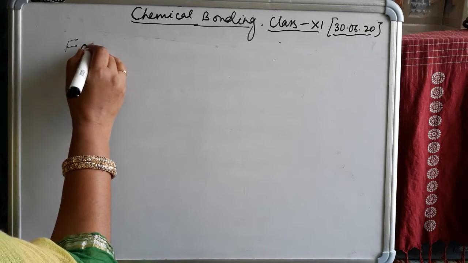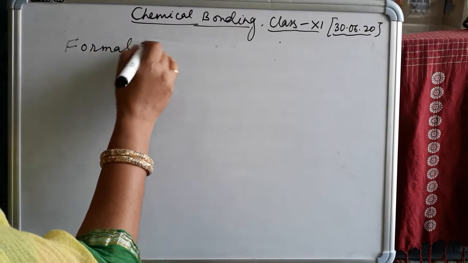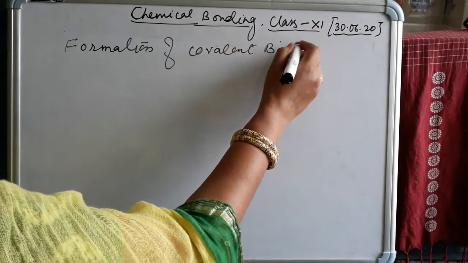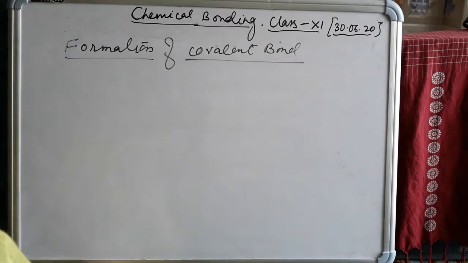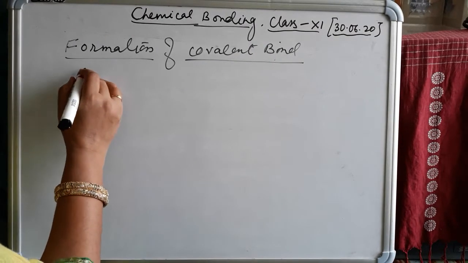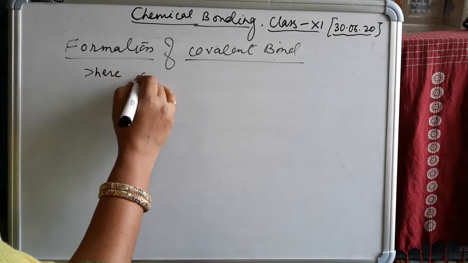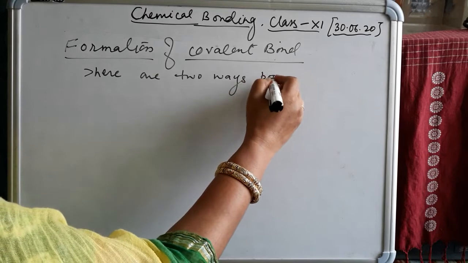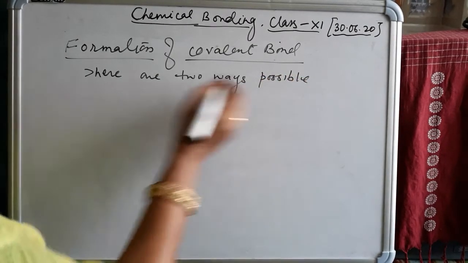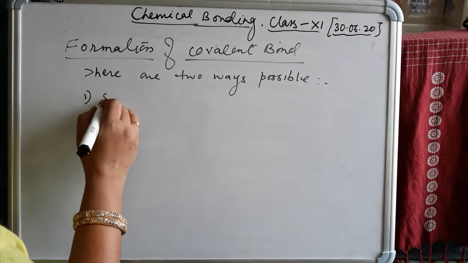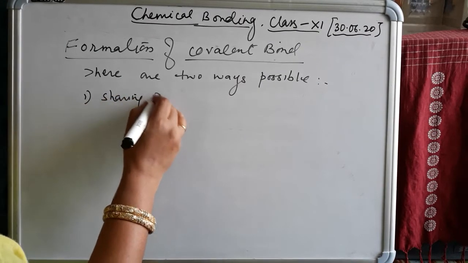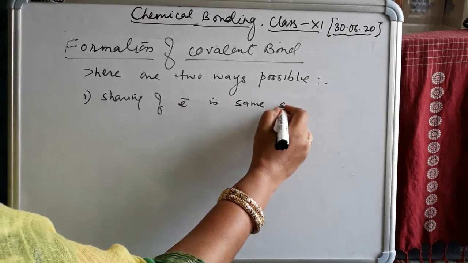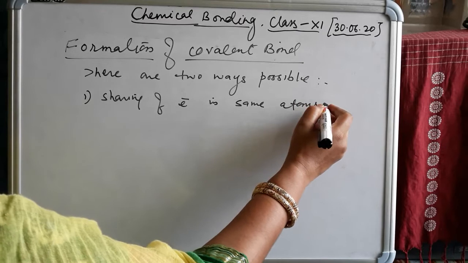Formation of covalent bond. Students, there are two ways possible for the formation of a covalent bond. First, sharing of electrons in the same atoms.